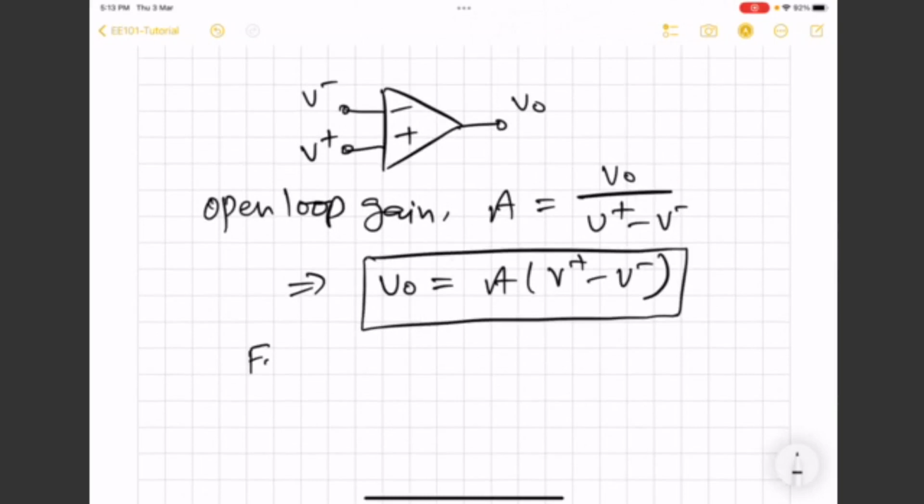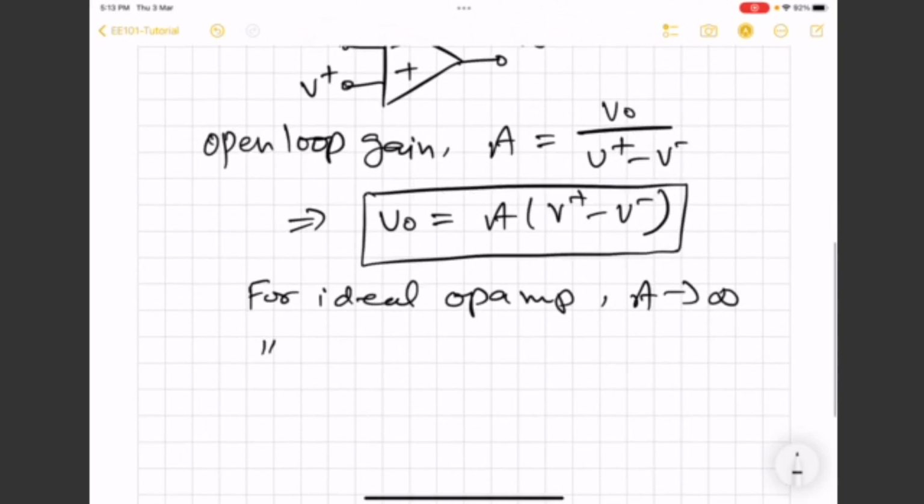For an ideal op-amp, this A is infinite. For a real, practical op-amp which we encounter in the lab, A will typically be greater than 10 raised to the power 5. So this is very high gain.